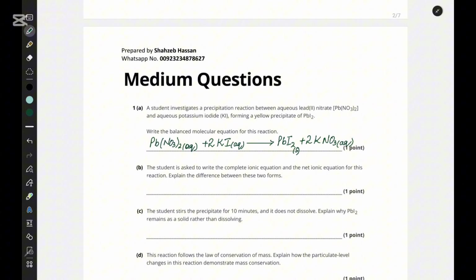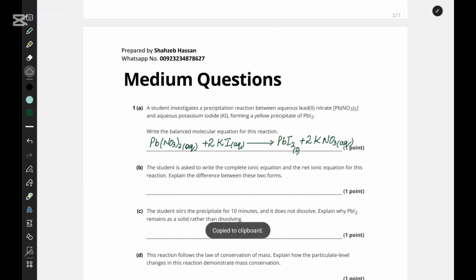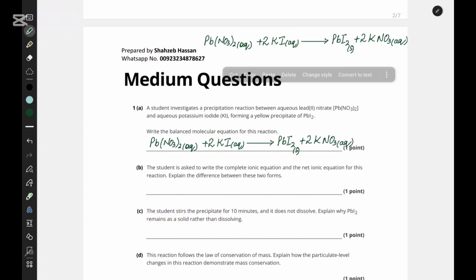The student is asked to write the complete ionic equation and net ionic equation for this reaction. So how can we write it? We can first write the reaction here and split it into ionic form.